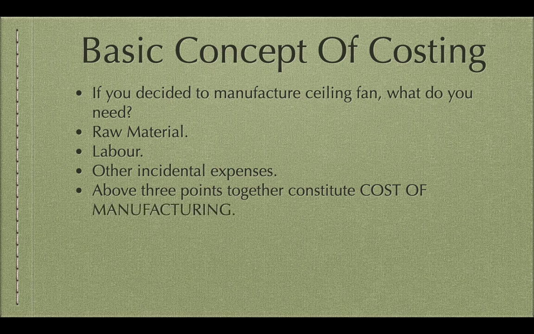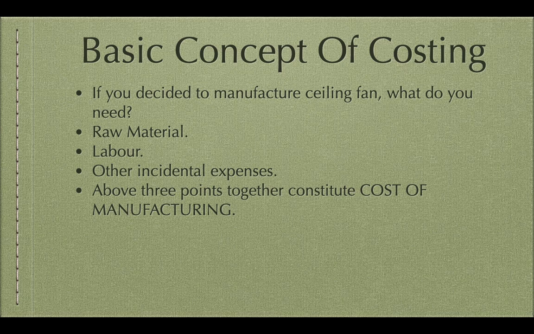So friends, the above three points together constitute the cost of manufacturing: a raw material, which is a basic need to manufacture a fan; a labor, who is going to operate the machine; and other expenses, which can be supporting expenses other than labor and raw material to cope up a final product.